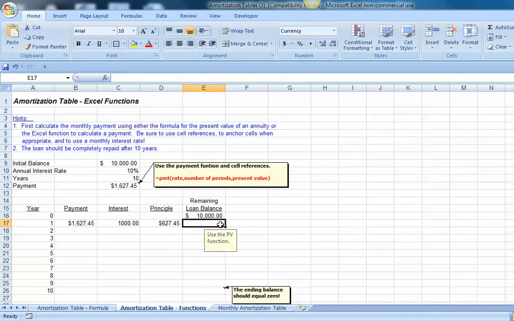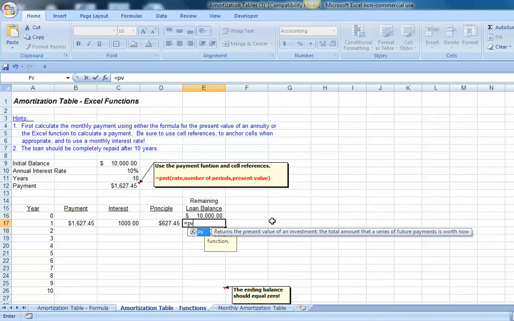Now, we could easily calculate the loan balance by simply taking our $10,000 and subtracting the amount that we've paid in principal. But let's go ahead, just for the sake of it, and use Excel's present value function. So equals PV, our interest rate, again, always the 10%, so we're going to anchor it.